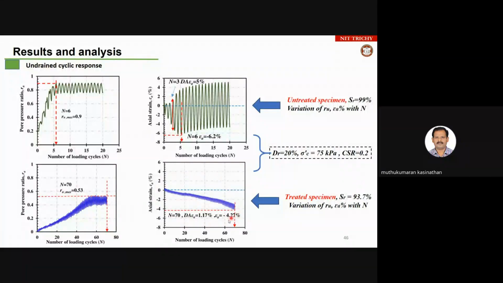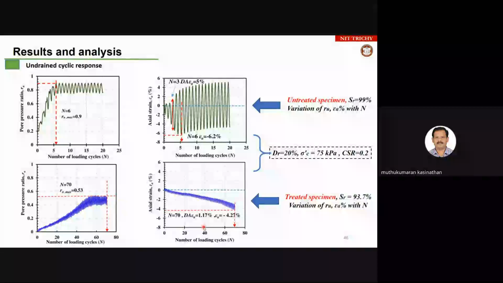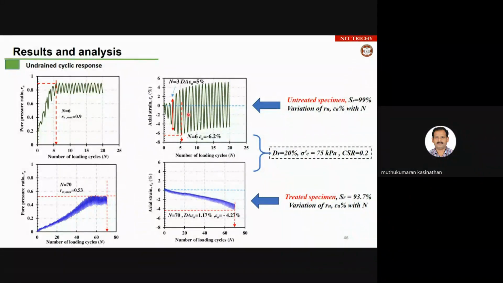Whereas the same treated soil, with the number of cycles increased, and you can look at the variation of double amplitude, it does not reach beyond 0.47 or 0.25 or 0.27. So it is maintaining a consistent double amplitude ratio. So the soil is very well within the liquefiable limit. So this observation is noticed.